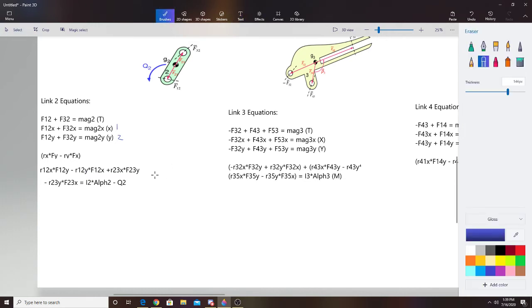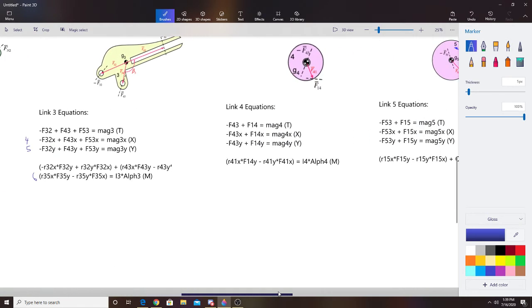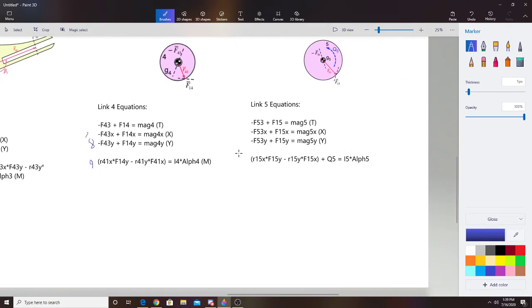Huzzah. So this right here, equation 3. This is 4. This is 5. This is 6. Right? And this is 7, 8, 9, 10, 11, and 12.